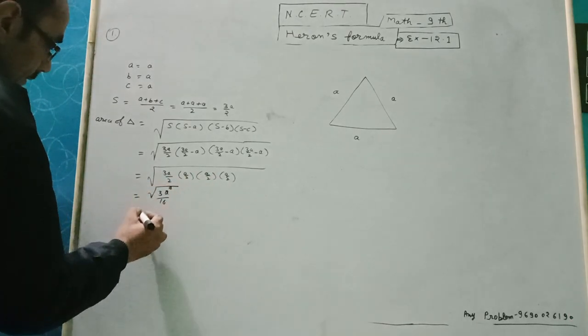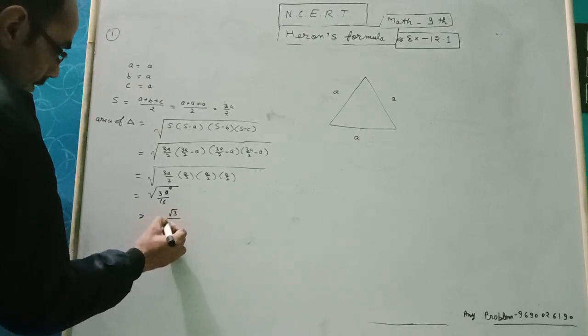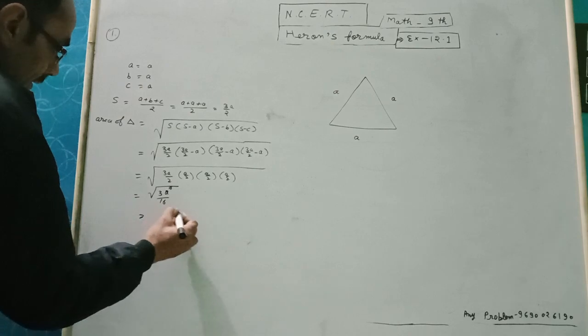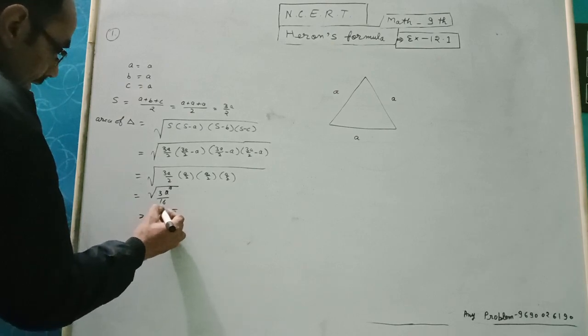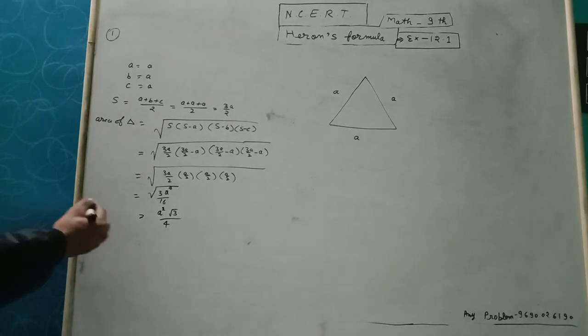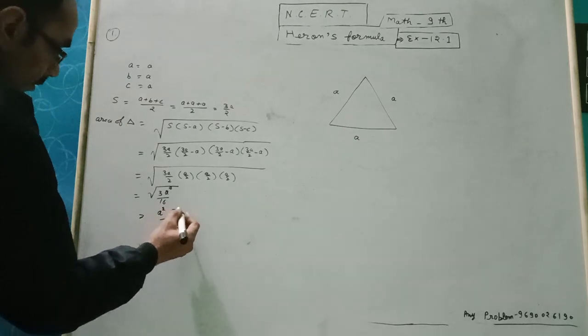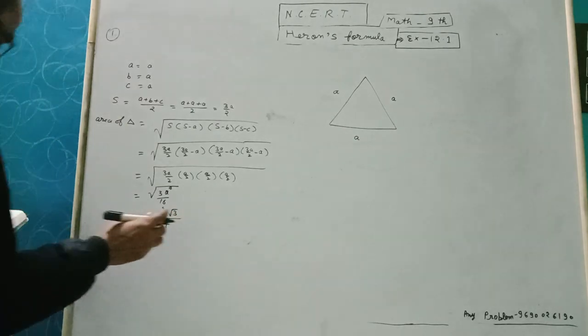Under root is under root 3 upon 4 A square. So the formula of the area of an equilateral triangle is equal to under root 3 upon 4 side square, A square.